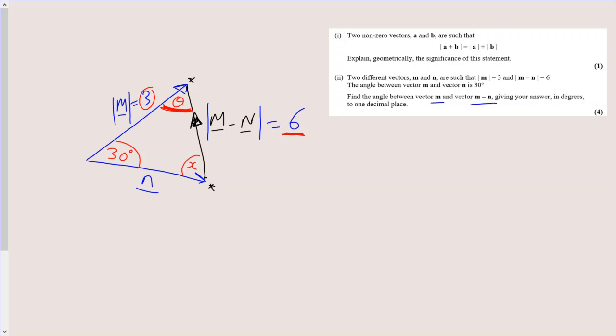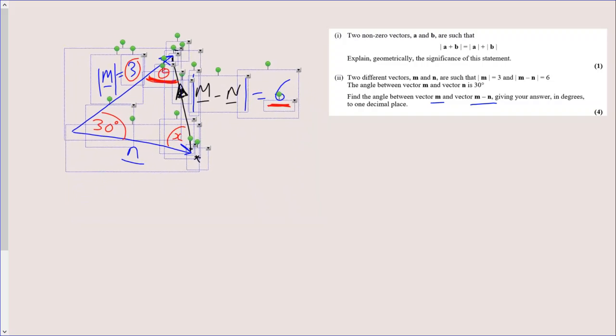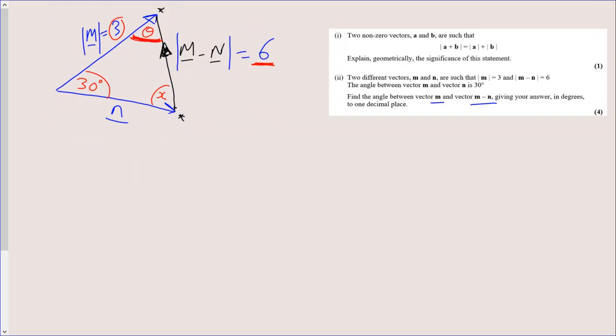So the sine rule is telling us, let me just move this diagram out of the way a little bit. So I want the angle x, so I'm going to say sine x over 3 is equal to sine 30 over 6.